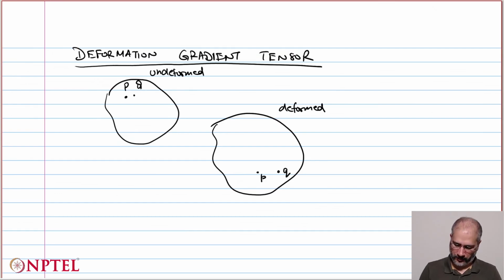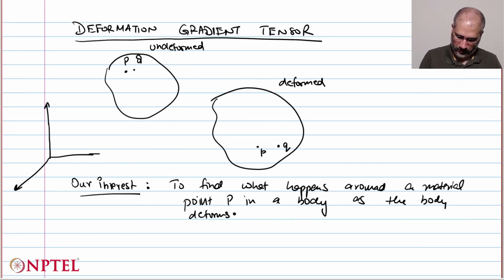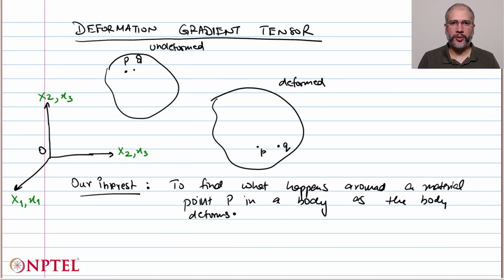So let's write it down. So as we said, our interest is to find out what happens around the material point P as the body deforms. So for reference, let's write our coordinate system as well. So this is the origin. This is capital X1, capital X2, capital X3, and we are again assuming that our spatial and material coordinates coincide.